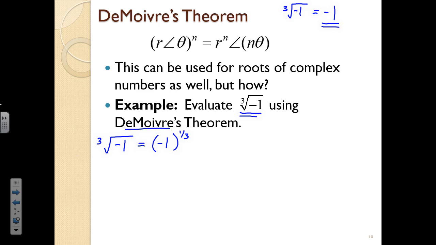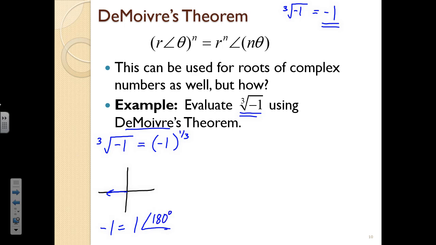Now, De Moivre's theorem says that if we take -1 and put it into polar form, and I'm just kind of building this thought with you. Remember, -1 is right here on the Cartesian plane. We showed just recently that -1 is the same as 1 at a direction of 180 degrees.